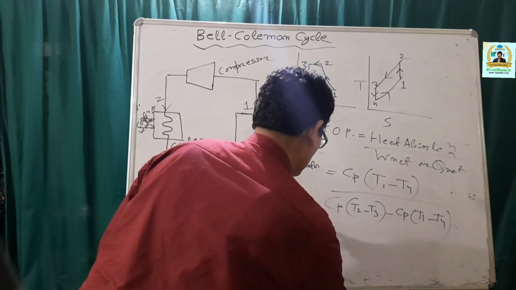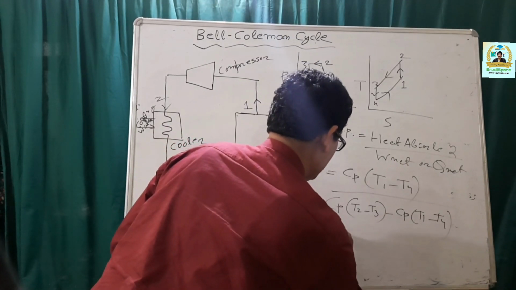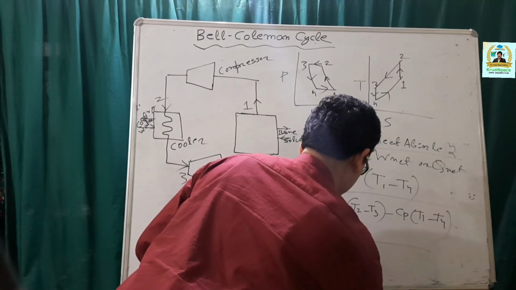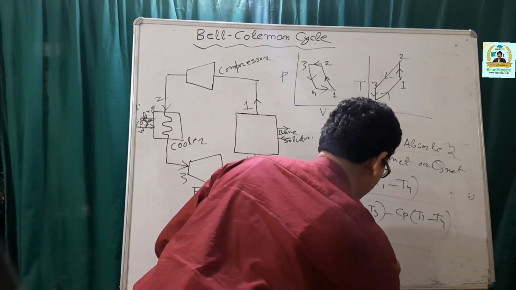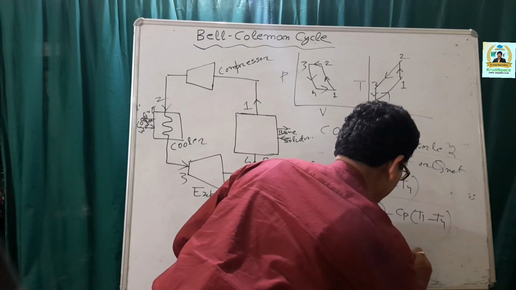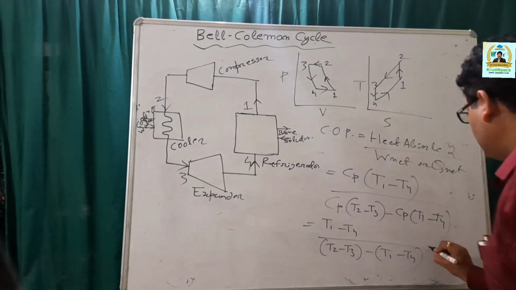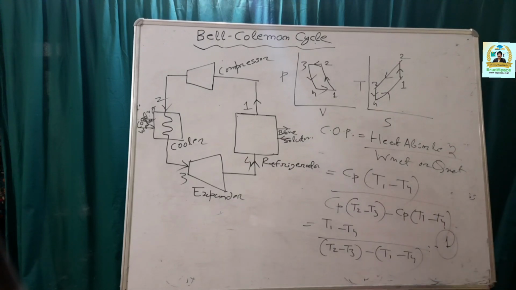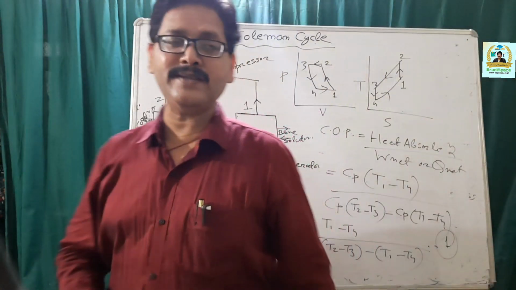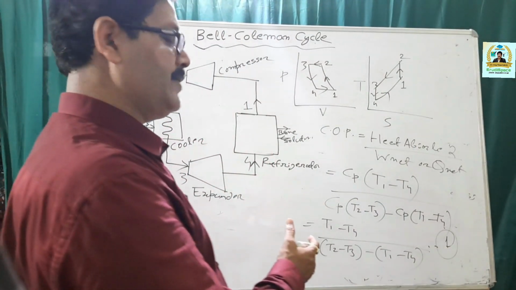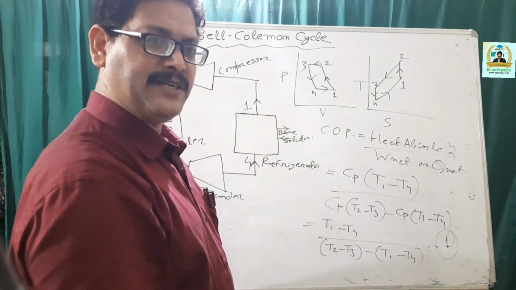So, C.O.P. is equal to T1 minus T4 divided by T2 minus T3 minus T1 minus T4. You can denote this as equation 1, which represents the coefficient of performance of the Bell Coleman refrigerator in terms of temperature parameters.